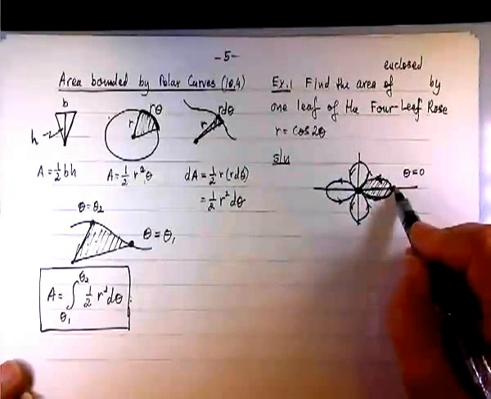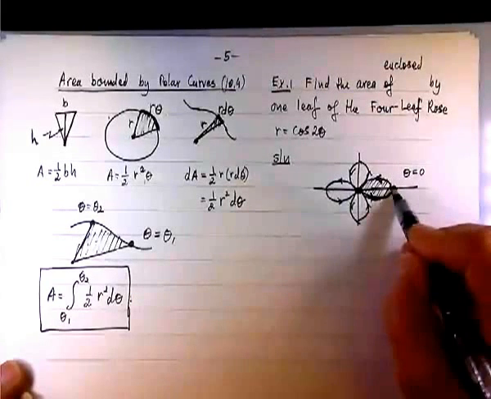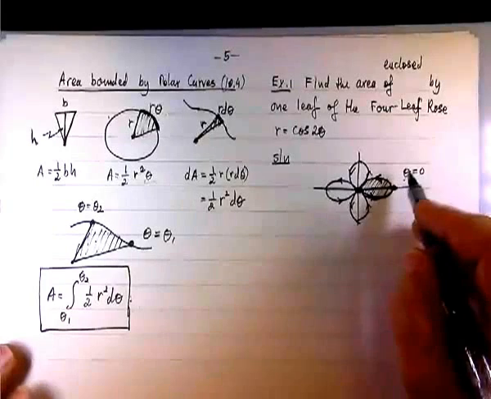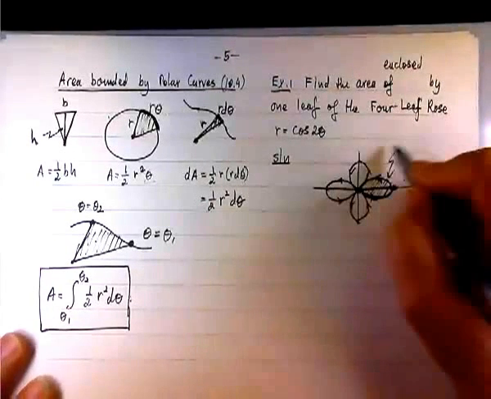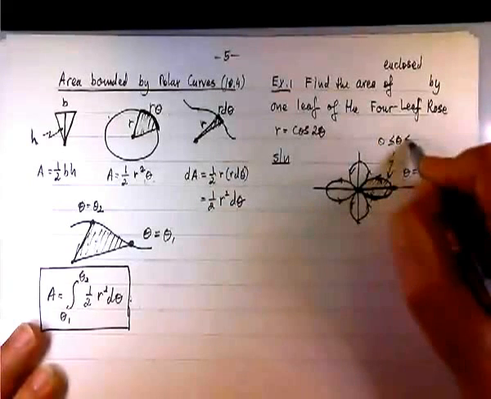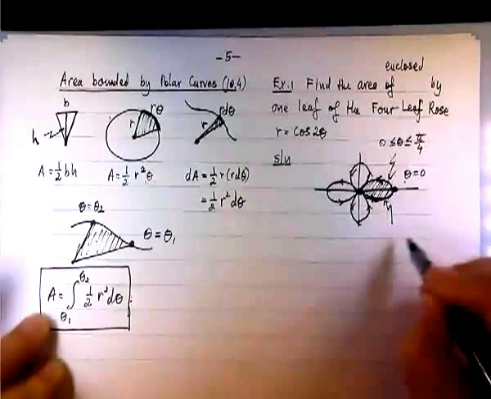Remember the direction. So I go from 0 to pi over 4, and on my way back here, I'm going from 7 pi over 4 to 0, right? So this section right here will be theta is greater than 0 and less than pi over 4.